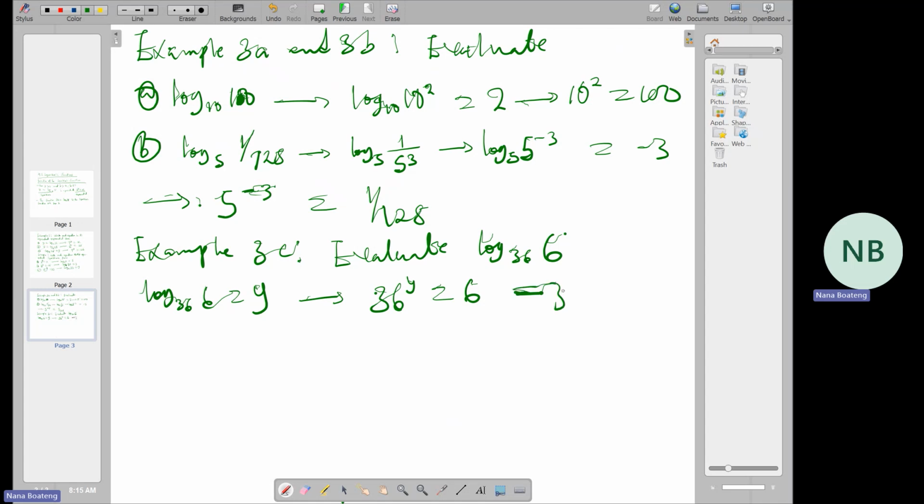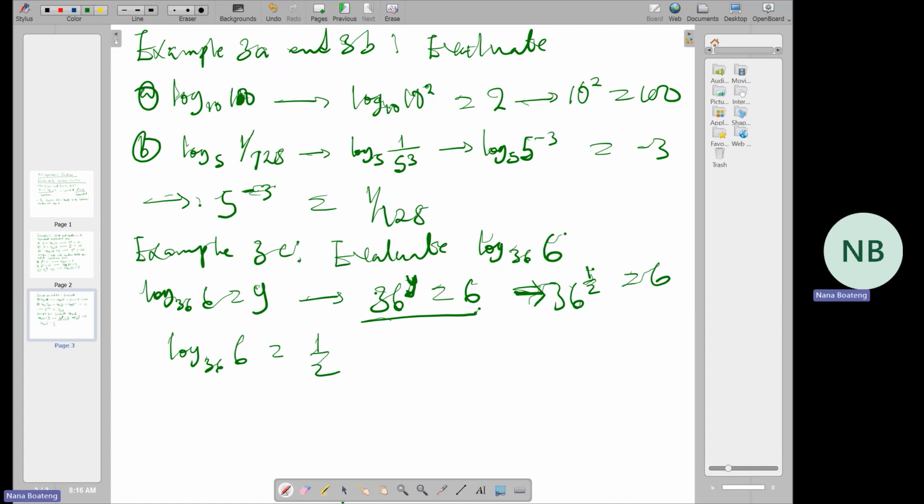We know that the square root of 36, which is 36 power 1/2, is equal to 6. So log to the base 36 of 6 should be equal to 1/2. So y should be 1/2.